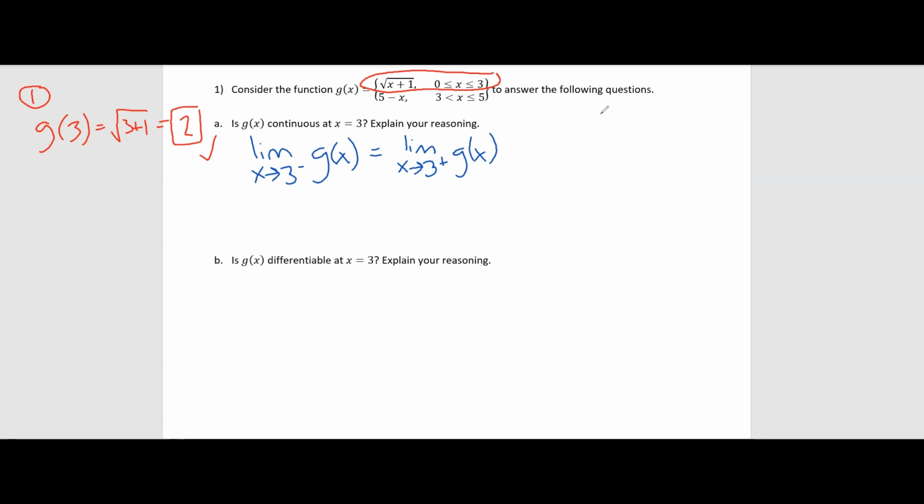And again, we need to know which function to use based on which side of 3 we're approaching from. So when we're approaching from the left or the negative side, we're going to use the square root of x plus 1. So we get the limit as x approaches 3 of the square root of x plus 1. When we approach from the positive side or the right side, we're using 5 minus x. Oops, make sure you carry down that negative next to the 3 for the one-sided limit.